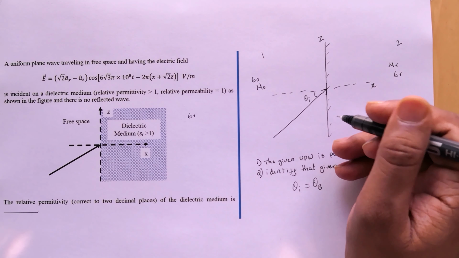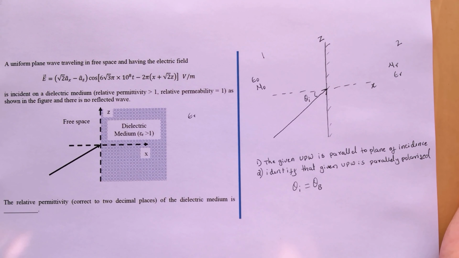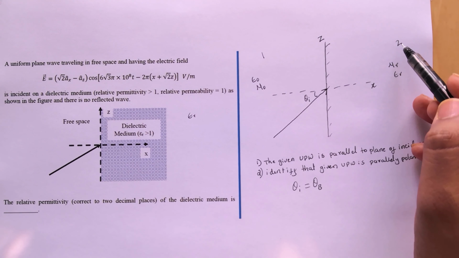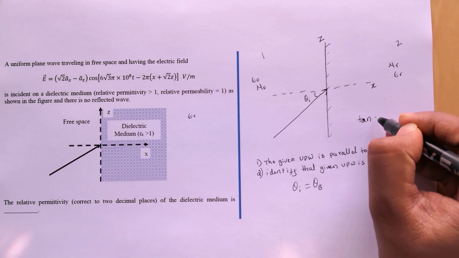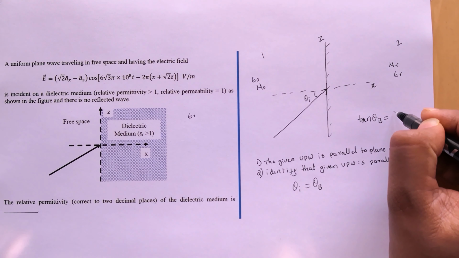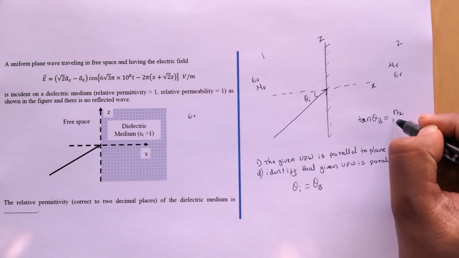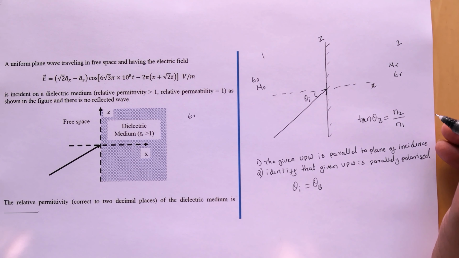So this is quite important in electromagnetic theory, the concept of Brewster's angle, and there is a given formula for Brewster's angle for two media. If you have two media, 1 and 2, then the tangent of the Brewster's angle is given by the refractive index of the second medium divided by the refractive index of the first medium.